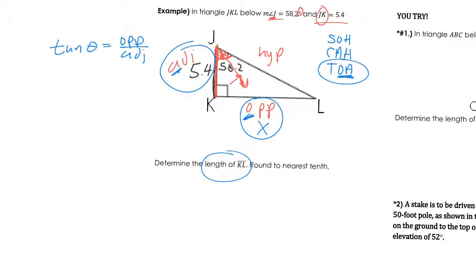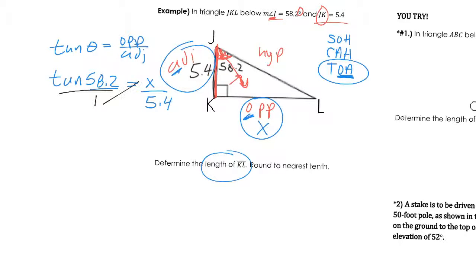So O over A. Now I just fill in what I know. Tan 58.2, 58.2 is my angle, equals the opposite side, which is x, over the adjacent side, which is 5.4. So there's my proportion. I just need to solve for x.